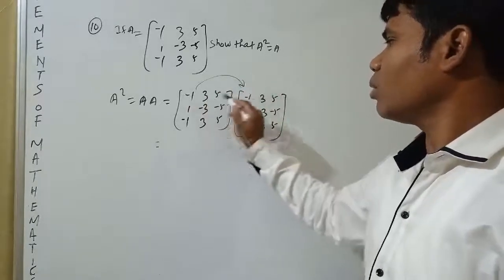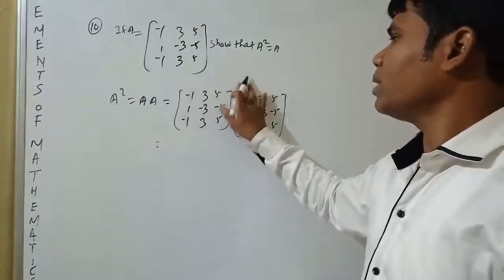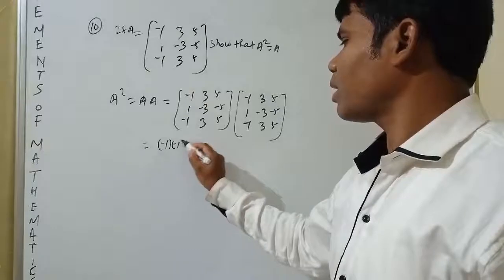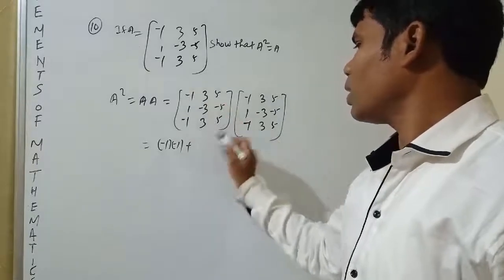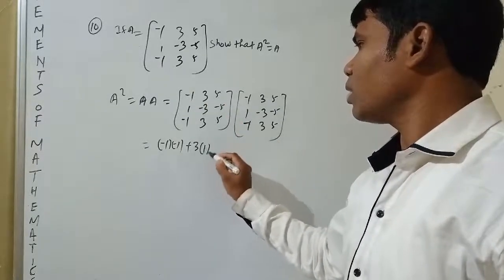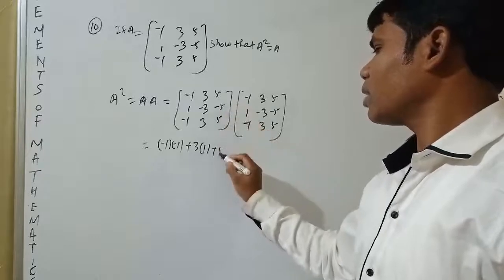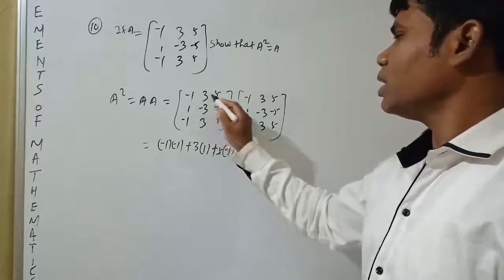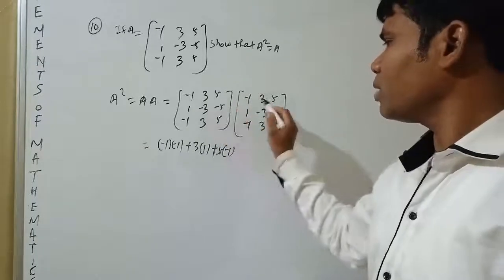Row to column, that means this is equal to -1 into -1 plus 3 into 1, plus 5 into -1. Again you see this row with this column, again this row with this column.